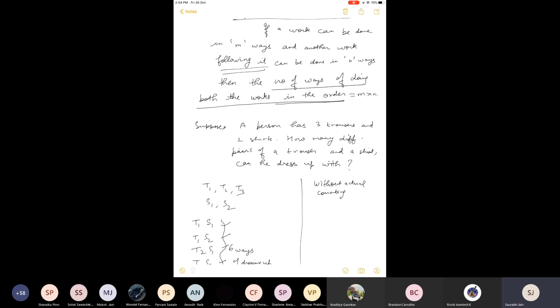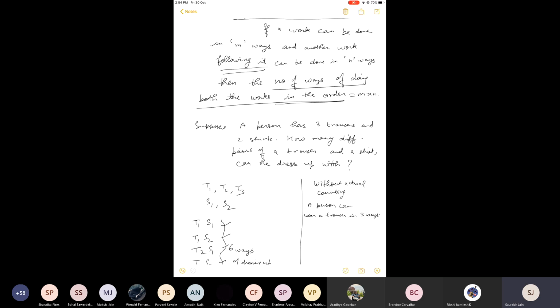Okay. So listen, a person is supposed to dress up. So that means he needs a trouser and a shirt. A person can wear a trouser in three ways. Now try to understand the language.